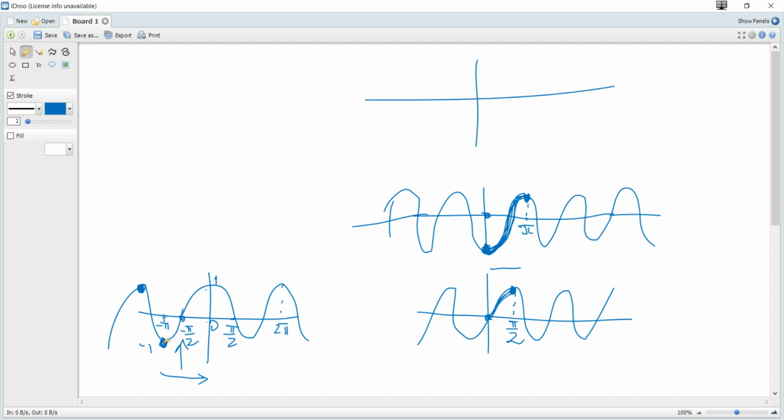This point is moving to the right, it's a translation by pi, but we need k which is greater than pi, so it will be somewhere to the right.